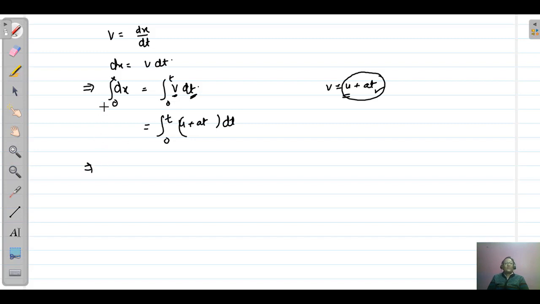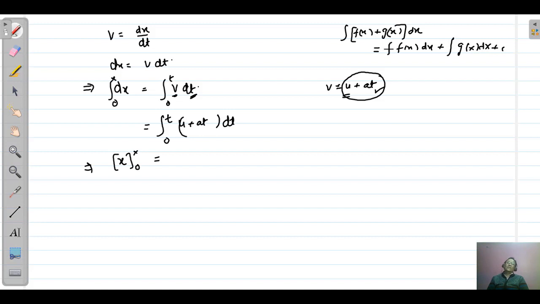Now we integrate it. dx gives x, with the limits 0 to x, equal to the integral of the sum. One more formula: if we have a sum of two functions, we integrate them separately, so the integral of f(x) + g(x) dx equals the integral of f(x) dx plus the integral of g(x) dx plus c. That means the integral of a sum is the sum of the integrals.